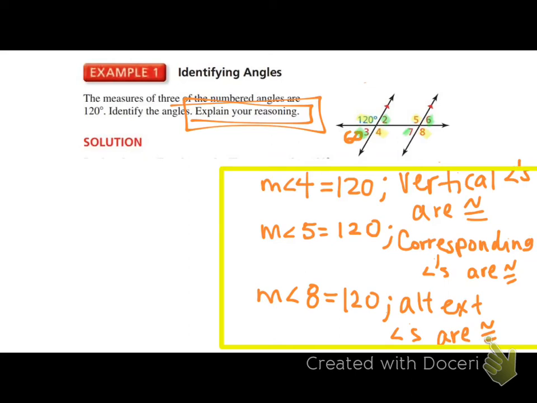So if you notice, this intersection and this intersection are identical. You could copy this one and place it right here, and it would be the same exact thing. Okay, we are going to stop here.